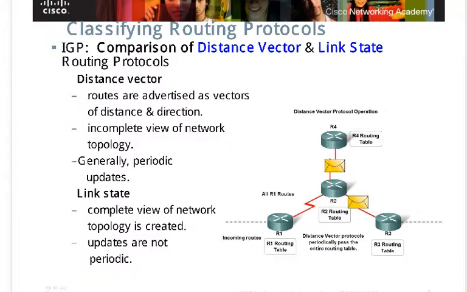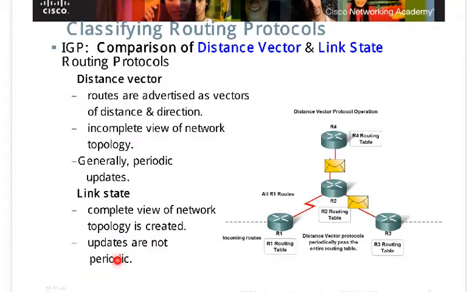So I know that in order to reach a certain destination, I need to go through this link, and then this link, and then this link, and so on. So I have a global view of the entire path that I have to go through in order to reach the destination. Do you recognize the main difference? Because this is really fundamental.